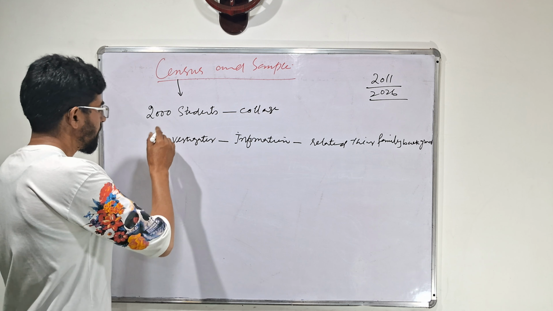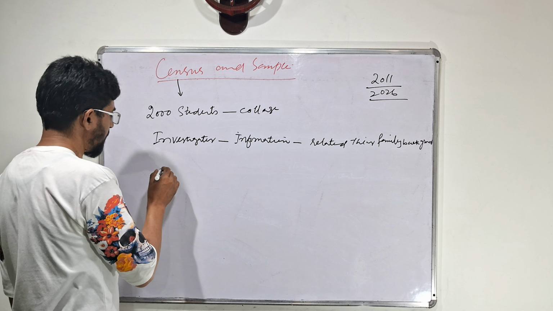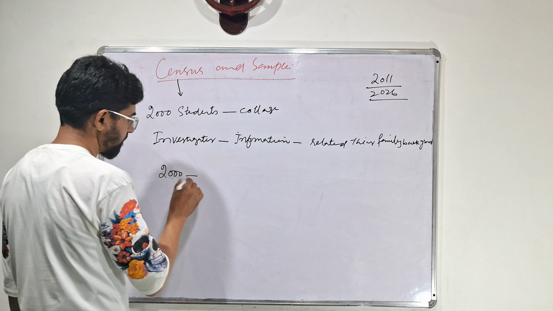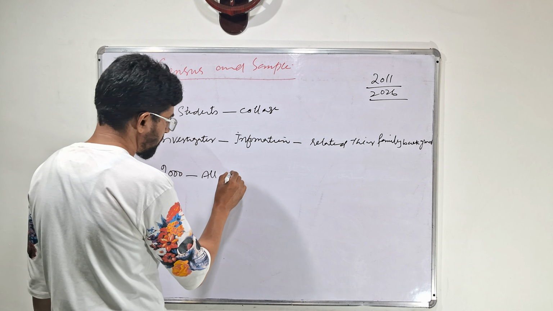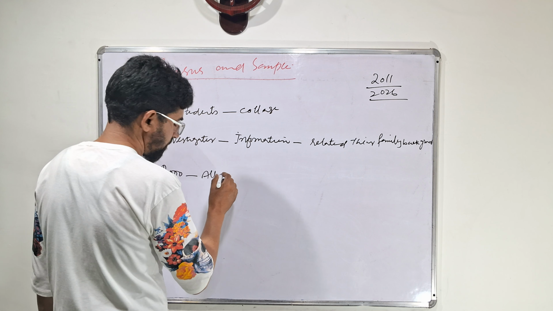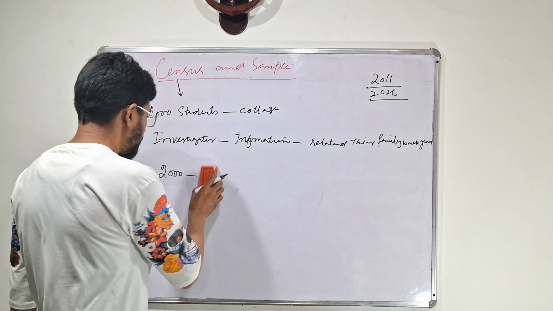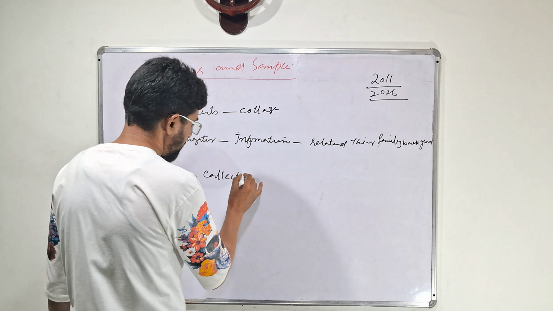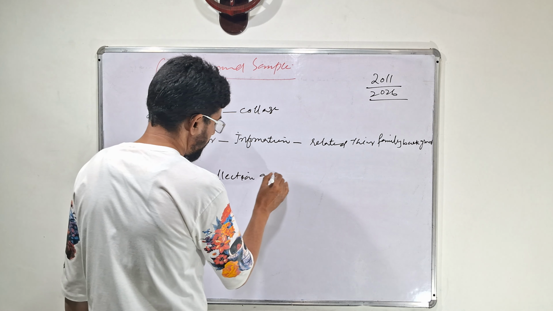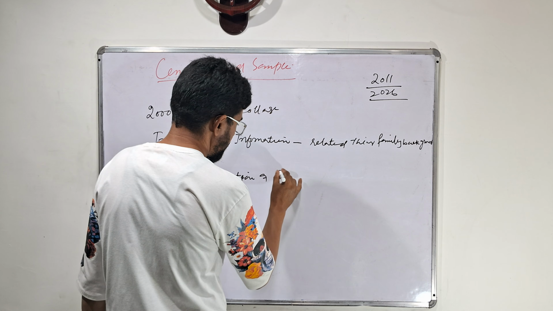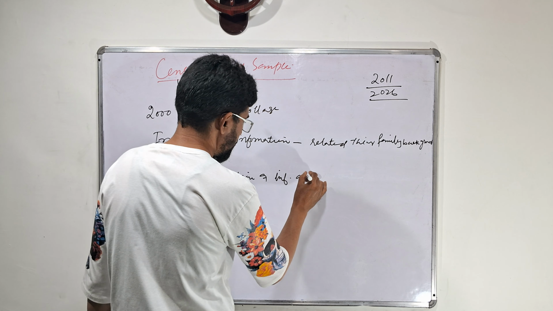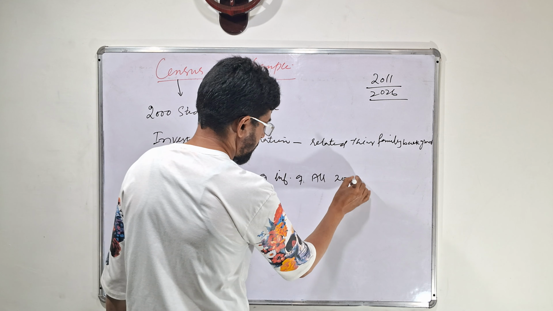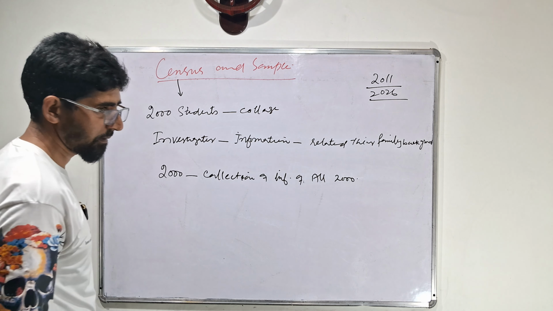For example, he can collect information related to all 2000 students, the collection of information of all 2000 students. That we call census.